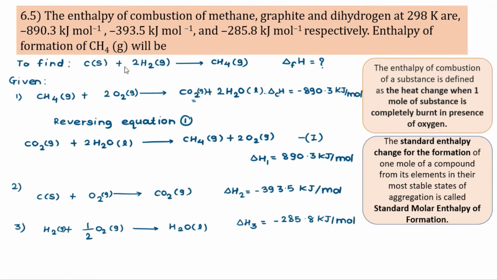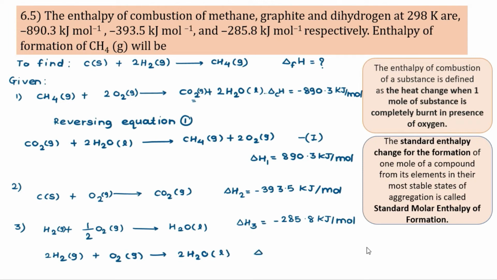Correct? See this third equation and the required equation. In the required equation we need 2 moles of H2. So I need to change this equation 3. I am going to multiply equation 3 by 2. So 2H2 plus half into 2; if I multiply half into 2, it will become 1. So 2H2 in gaseous state plus O2 in gaseous state gives 2H2O, which is in liquid state.